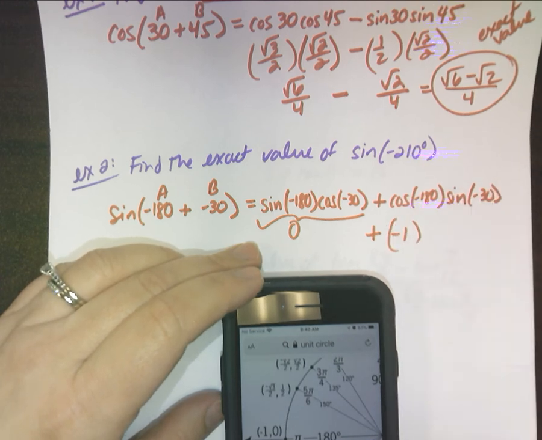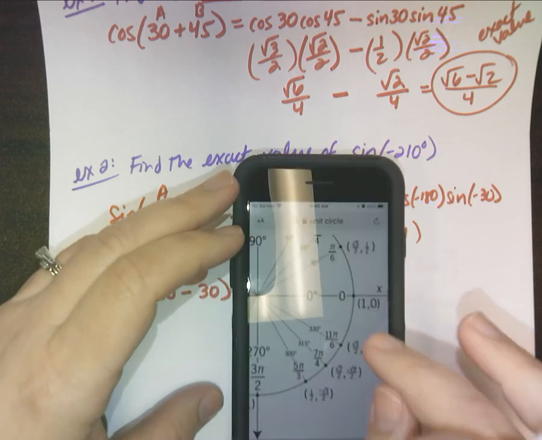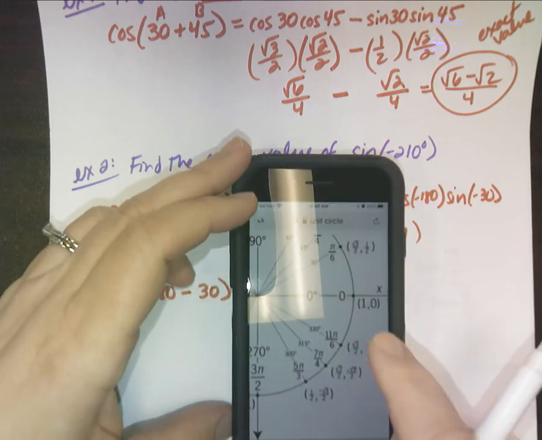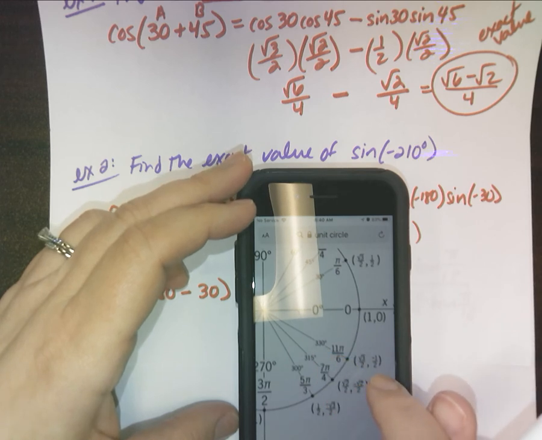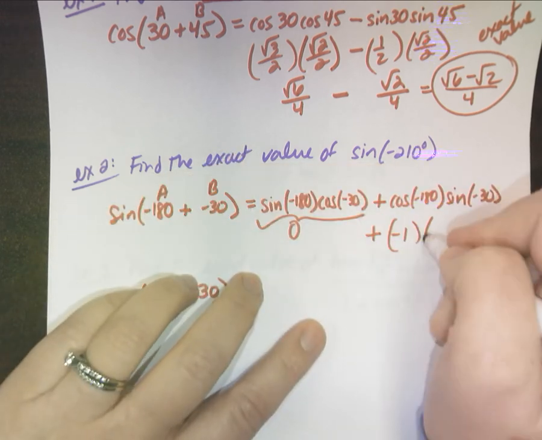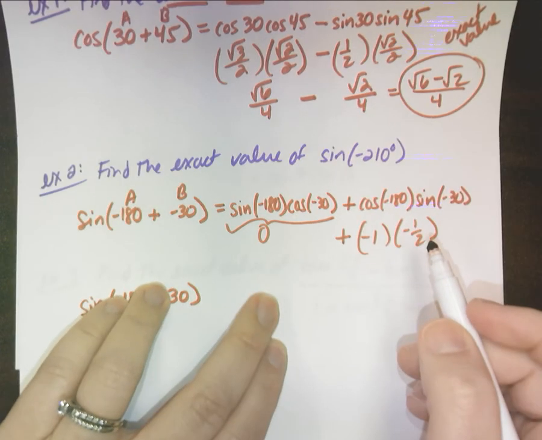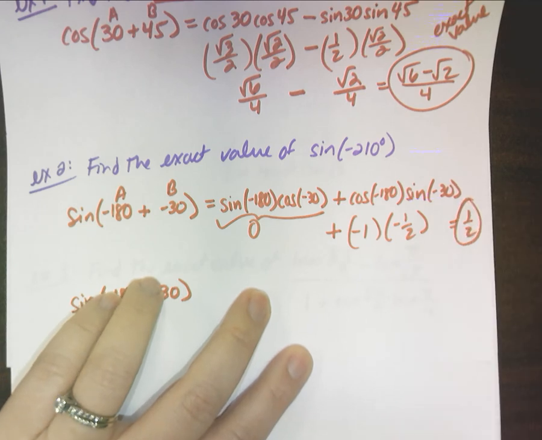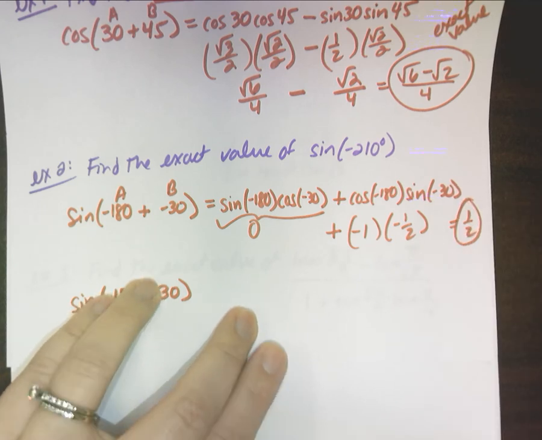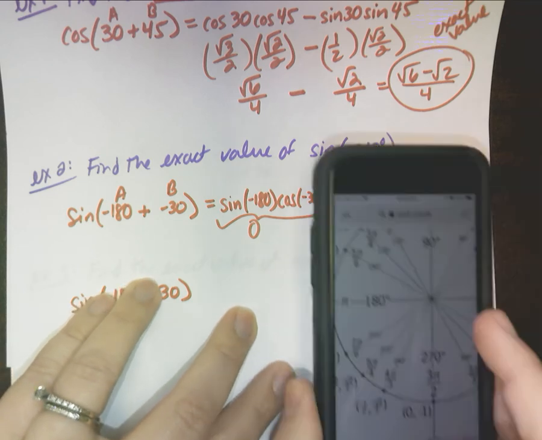The sine at negative 30, remember, we're going clockwise. So sine at negative 30 would be negative 1/2. So negative 1 times negative 1/2 is 1/2. That's your answer.